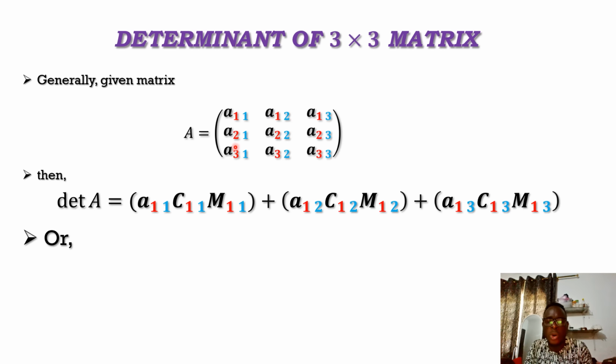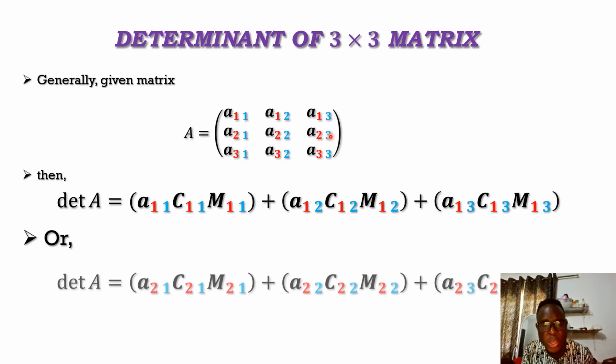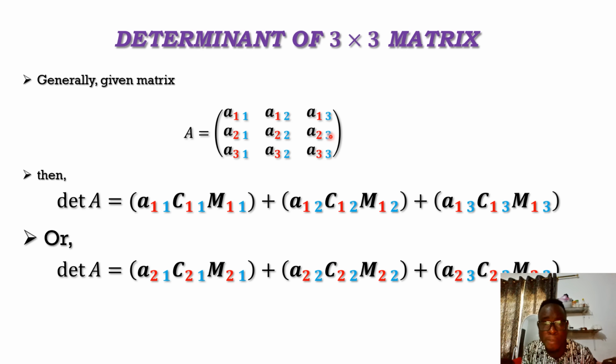Or you can also consider the middle row, which is the second row. And the same process has to be used here. We have element A21 times its cofactor times its minor, plus element A22 times its cofactor times its minor, plus element A23, its cofactor times its minor.